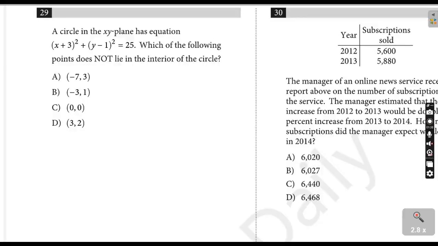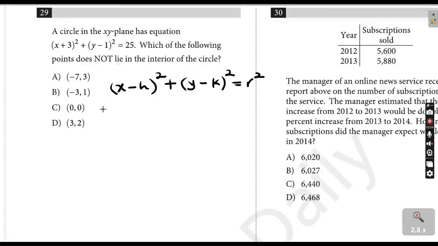Very important. The equation of a circle in the xy plane is given as (x − h)² + (y − k)² = r². So this is the equation of a circle in the xy plane.